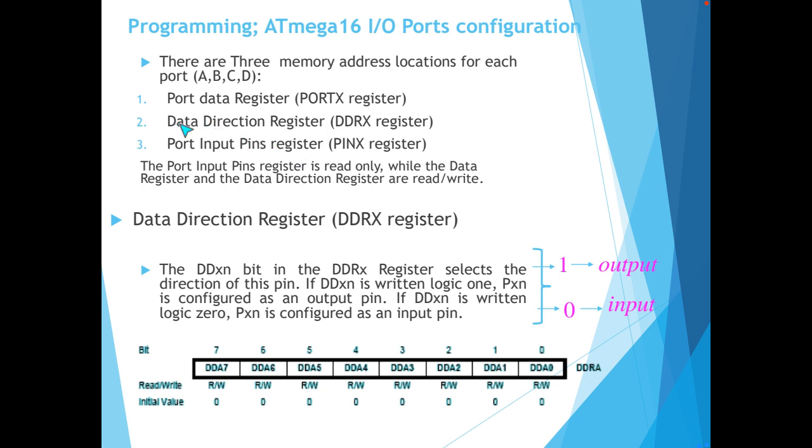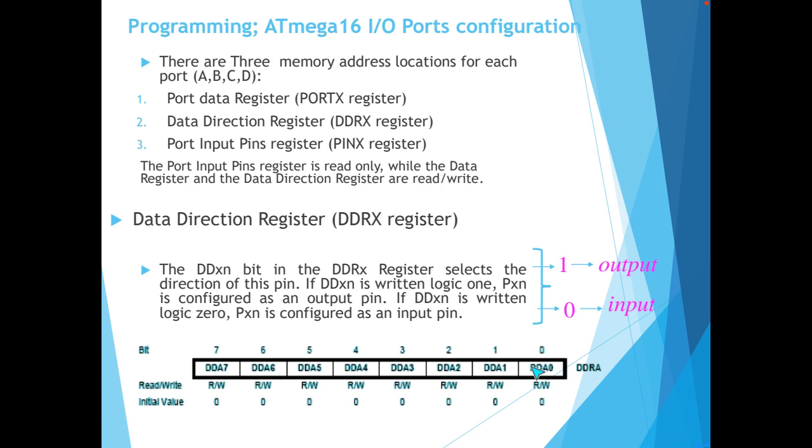The data direction register, which is coded as DDRA, B, C, or D, or DDRX register. About this register, you see that it includes 8 bits. The index starts from 0.